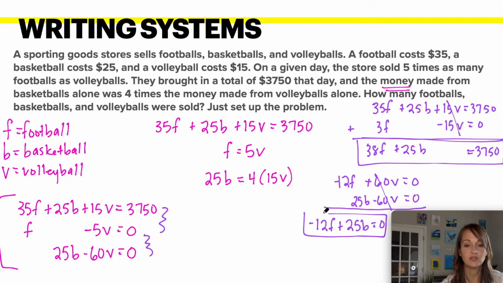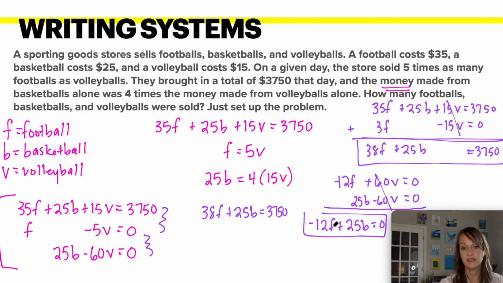And now I have 2 equations that have F and B in them. The great thing is they both have a 25B, which means I actually can cancel them together. So I'll have 38F plus 25B equals 3750. And then on the bottom, I'm going to change the sign so that it becomes a negative.